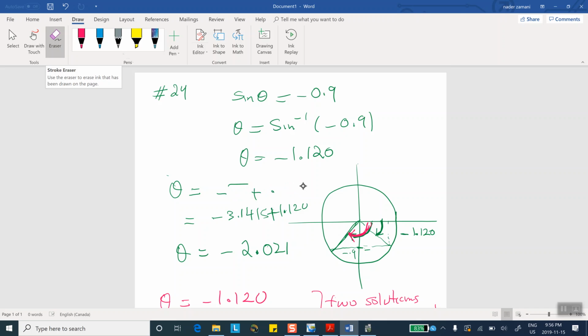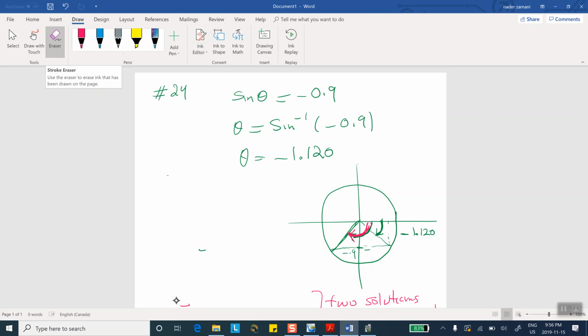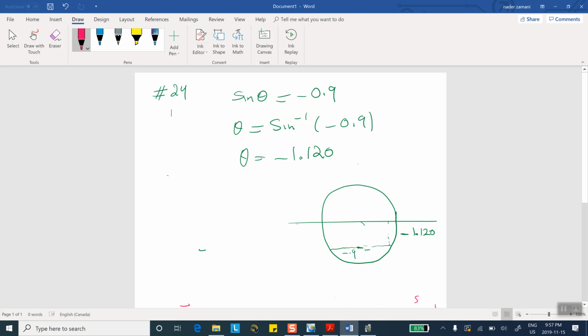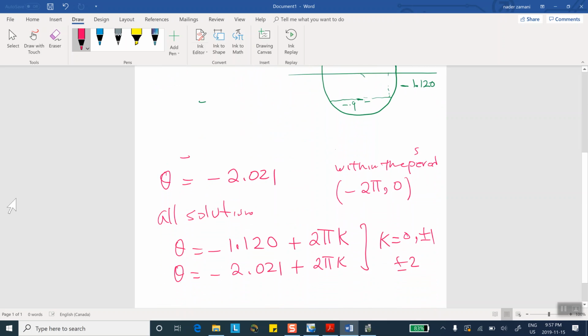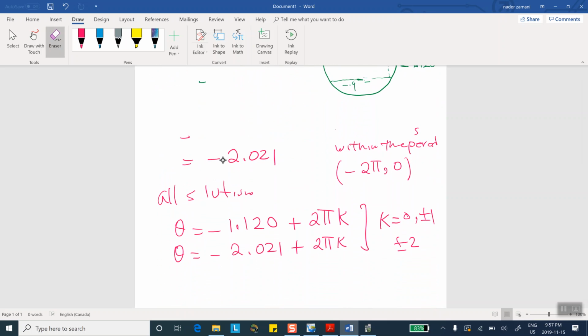Anything down here I'm going to erase. There's nothing wrong with what I did, but I want to show you that some people may do it a different way. It's better if I actually drew the trig circle.